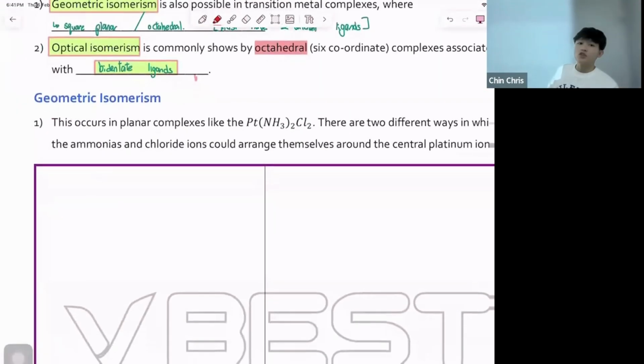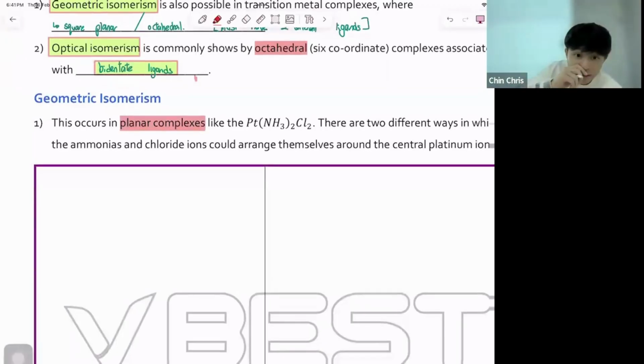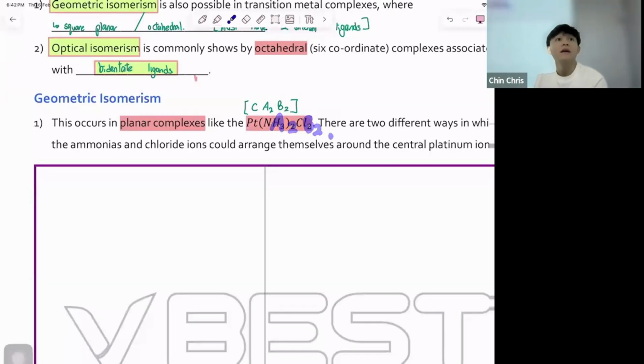The first structure that we have is geometrical isomerism. Geometrical isomerism must be in a planar complex, for example a square planar. If you look at the general formula, you have a central metal ion connected to 2 ligand A and 2 ligand B, so you always have two different ligands.